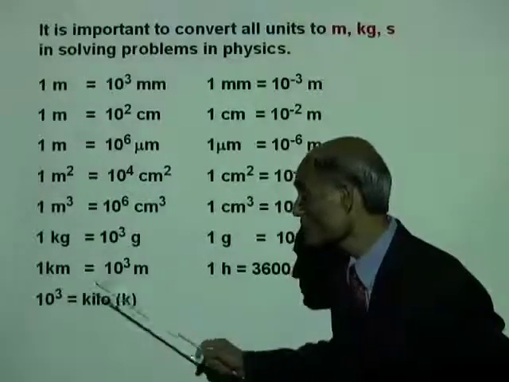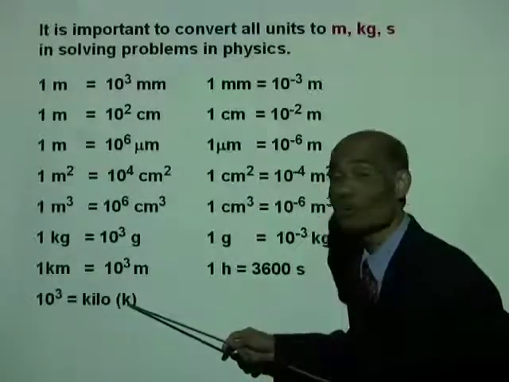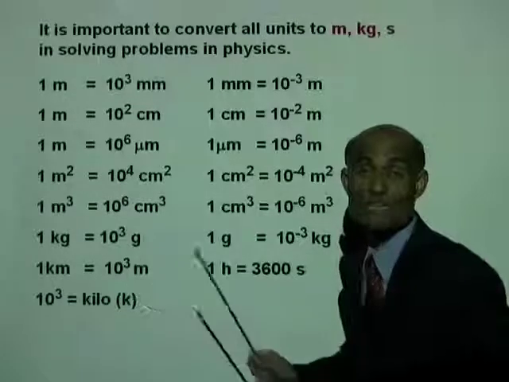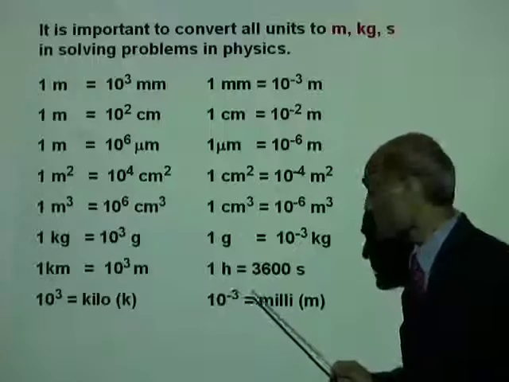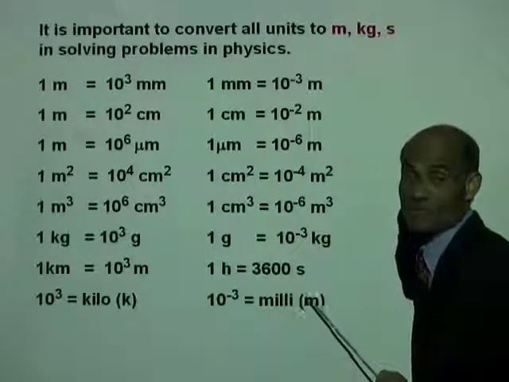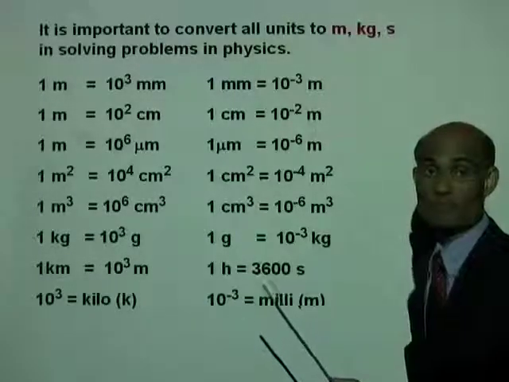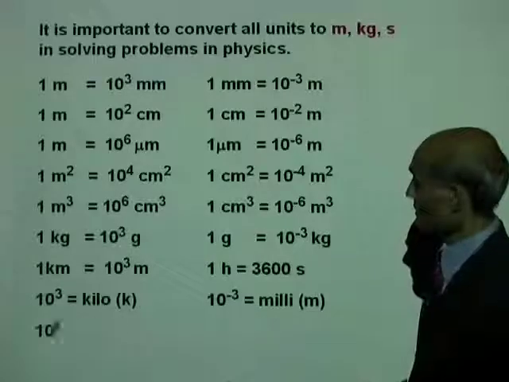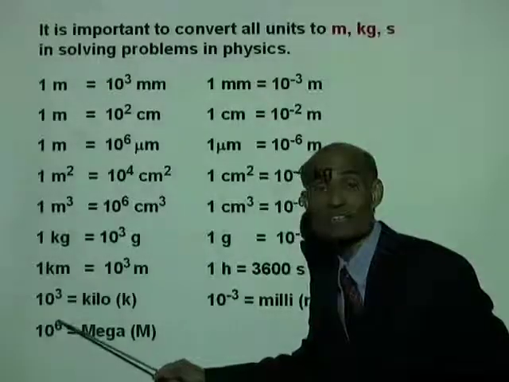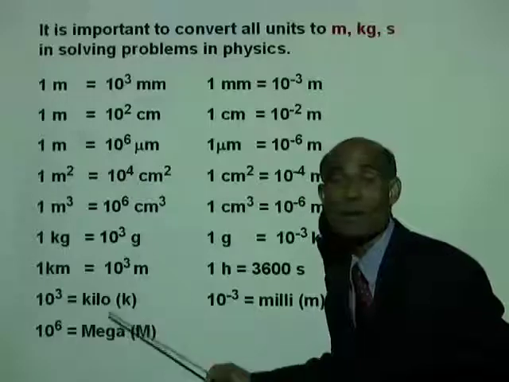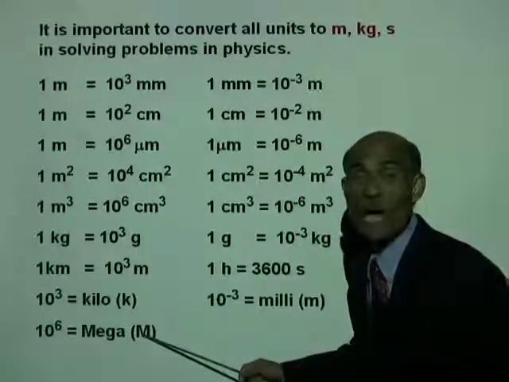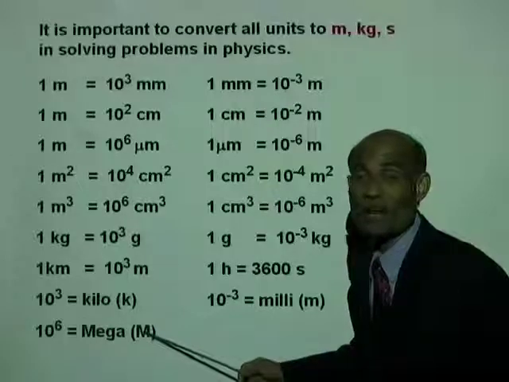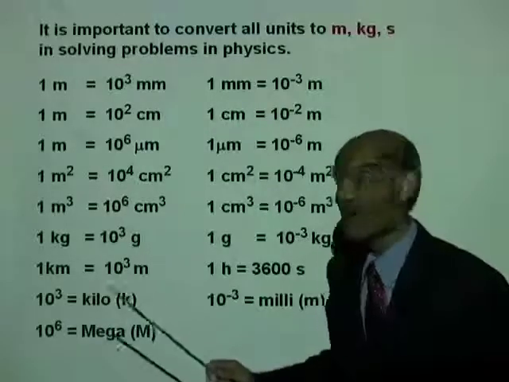10 to the power of 3 is a kilo. We use lowercase k for it. 10 to the power of -3 is a milli, lowercase m. Alright, 10 to the power of 6 is a megameter. And look at the abbreviation for that, uppercase M. So how do you write megameter?